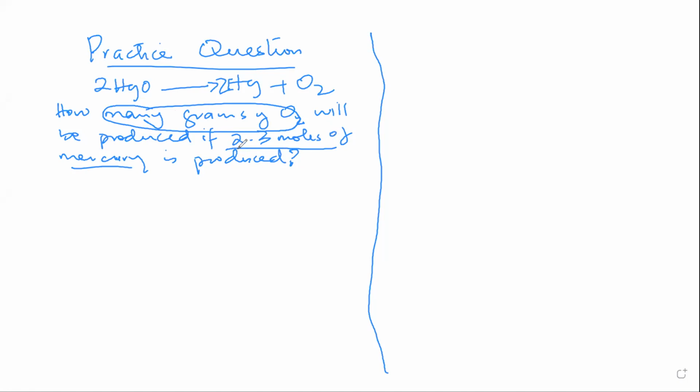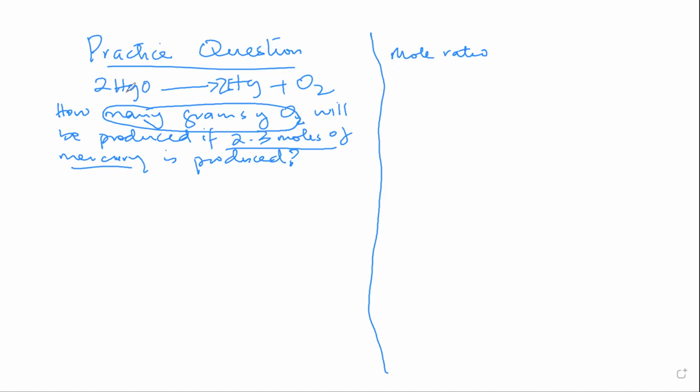Since we are starting with moles of mercury, we have to go to moles of oxygen. So let's try the mole ratio here. Moles of oxygen, moles of mercury.